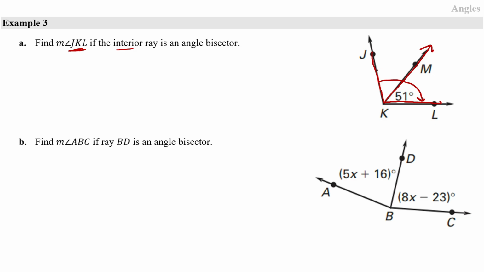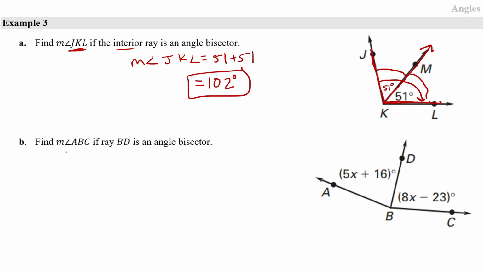It means that these two pieces are equal to each other. So if that right side is 51, this one also has to be 51. And so how much would the whole angle be? The whole angle would be 51 plus 51, which is 102 degrees.